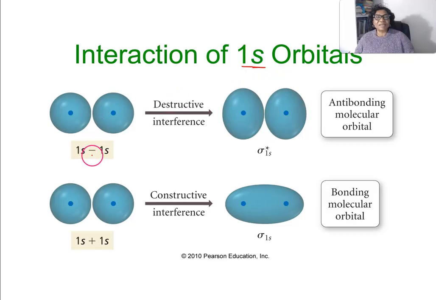When they interact, 1s minus 1s is a destructive interference and it leads to anti-bonding molecular orbitals, so we write it sigma 1s star. But 1s plus 1s is constructive interference. It leads to a sigma bond, and this is a bonding molecular orbital.